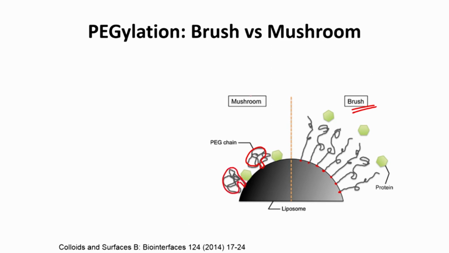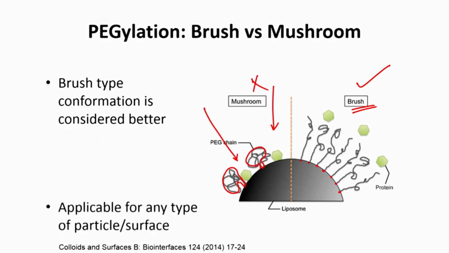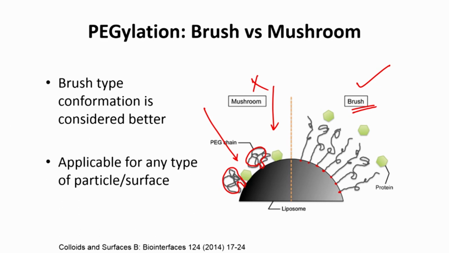So, this is a mushroom configuration, this is a brush configuration. If it is a mushroom configuration, as you can see from the picture, you have more sites open for access to the particle surface for the proteins and immune cells. So, this is not the ideal conformation. The brush type conformation is typically what you want if you want to prevent clearance from the body, and that becomes important when you are talking about a big particle with a lot of pegylation sites. As I said, this is applicable for any type of particle surface that you can think of.